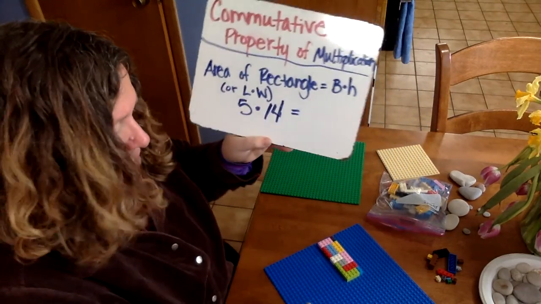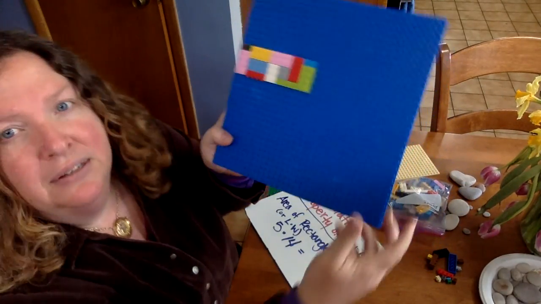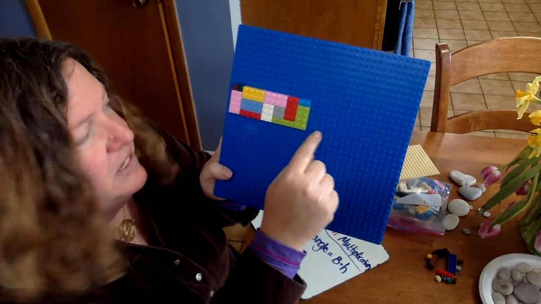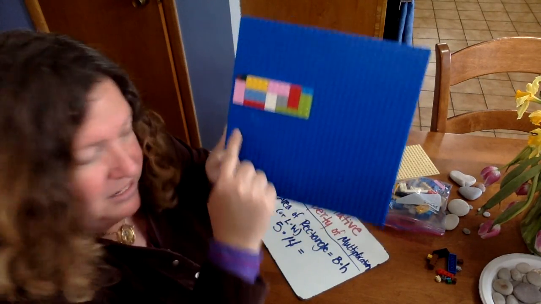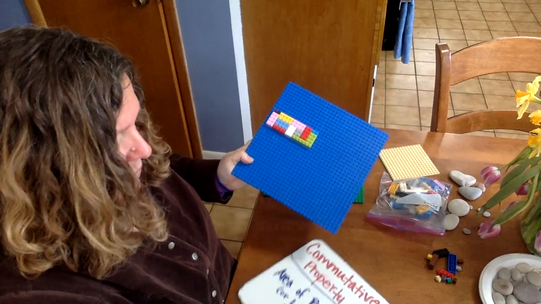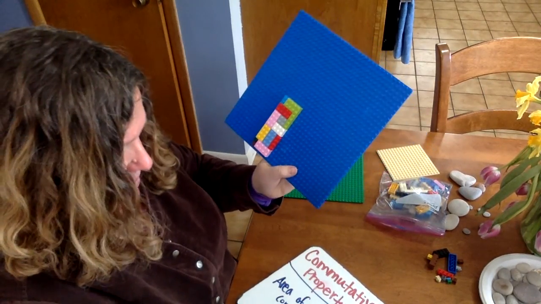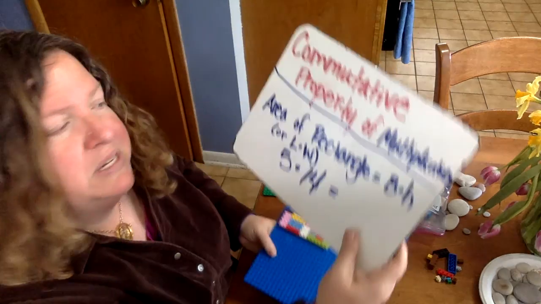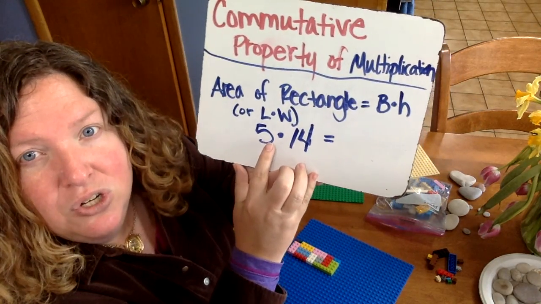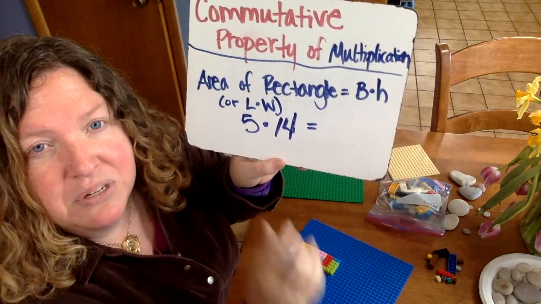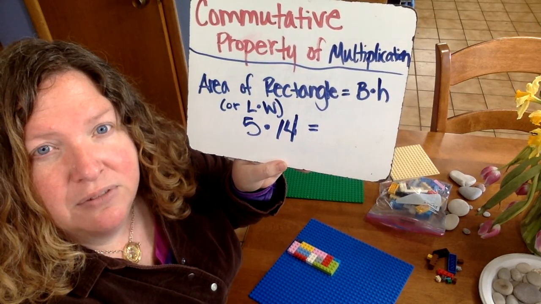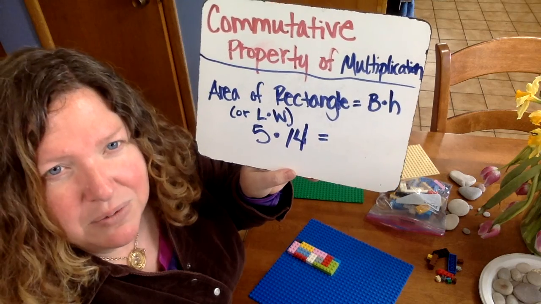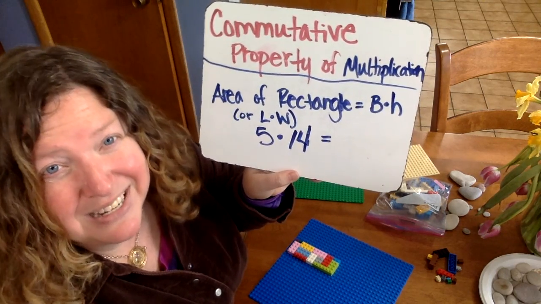What if we said this is our problem? Here's our rectangle. The base is 14. The height is 5. So what if we said we had 5 groups of 14? Now, I don't know my 14 facts, so I'm not really sure what 5 groups of 14 is.